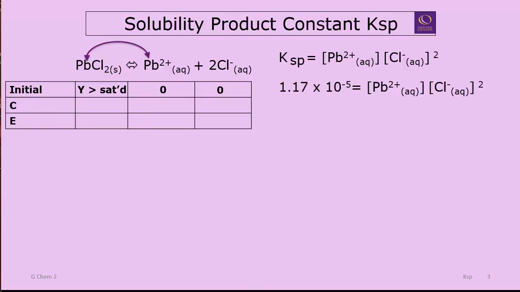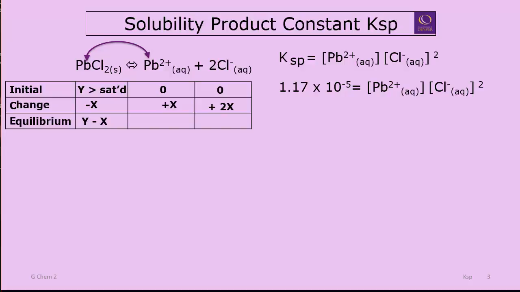So if we did an ice table, what I would have you do is start with the initial conditions. There's just a boatload of the salt, the insoluble solid. Prior to any kind of change, you assume that there's no lead ions or chloride ions present. Now the change is some of that lead 2 chloride starts to dissolve, minus X, which means that plus X of the lead ions show up and plus 2X of the chloride ions show up.